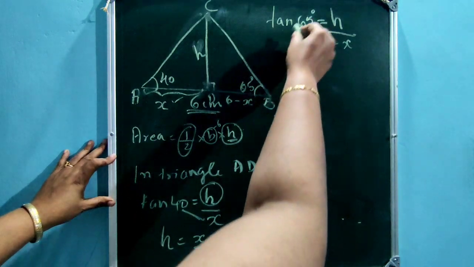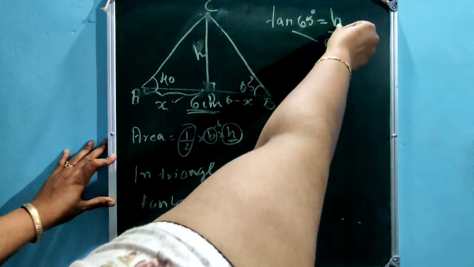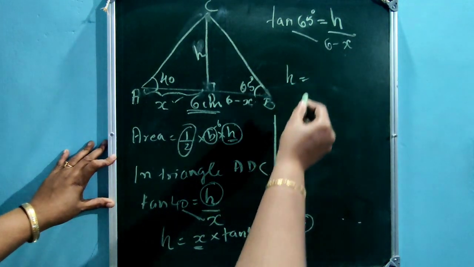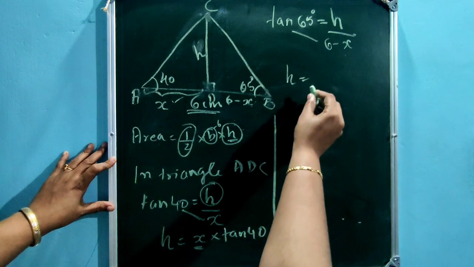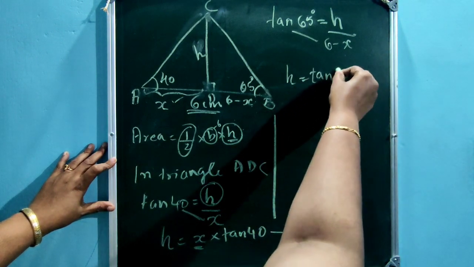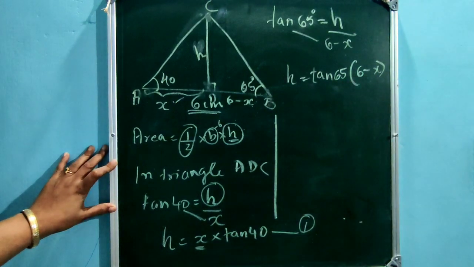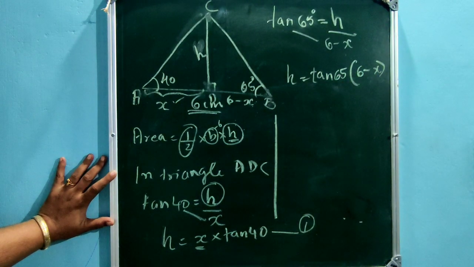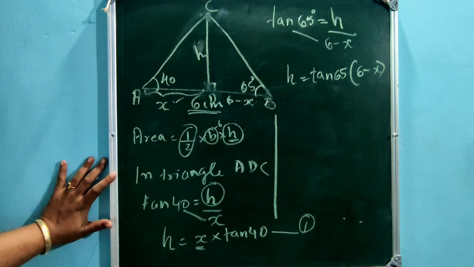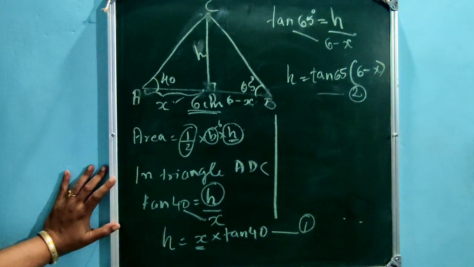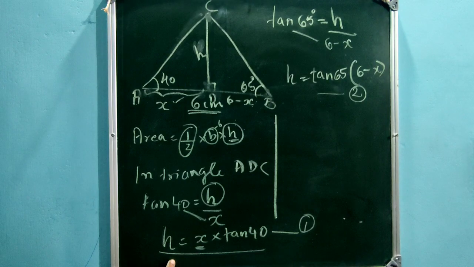So from this equation, what is h? Just cross multiply these two. That is equal to tan 65 into 6 minus x. This is equation number 2. So from the first equation we have h is equal to x into tan 40.